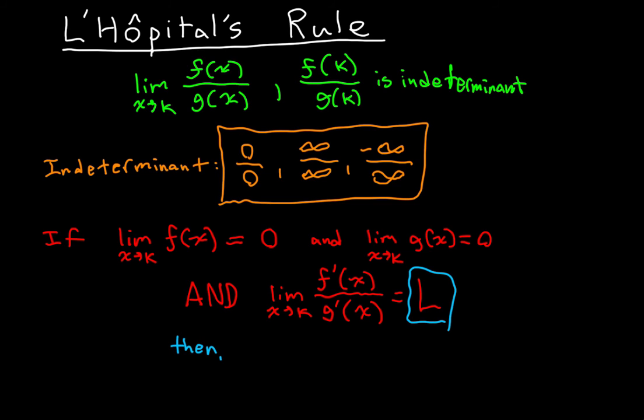Then the limit as x goes to k of f of x over g of x, not prime, f of x over g of x, is also equal to L. Is also equal to that same value L. So we have to have it that they're indeterminate, like 0 over 0, and we have to have that the limit of the quotient of their derivatives is equal to some real constant limit that we can determine. Then that limit is going to be the same as the limit of the quotient between those two functions.